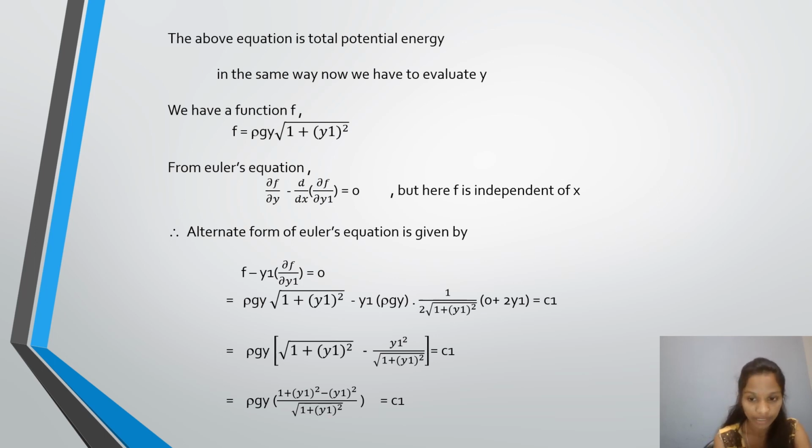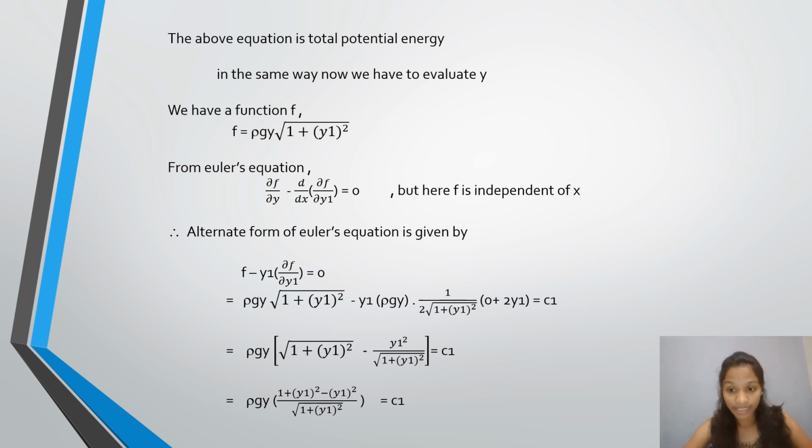Rho g y common, root of 1 plus y dash square minus y dash into 2 y dash, then again 2 into root of 1 plus y dash square is there, so 2 gets cancelled. So y dash divided by root of 1 plus y dash square.